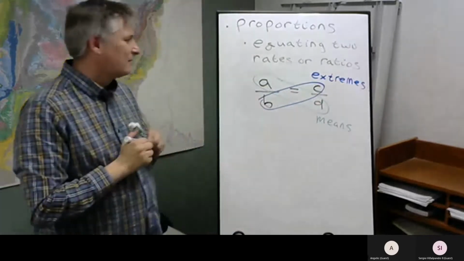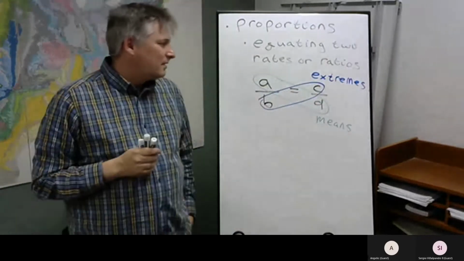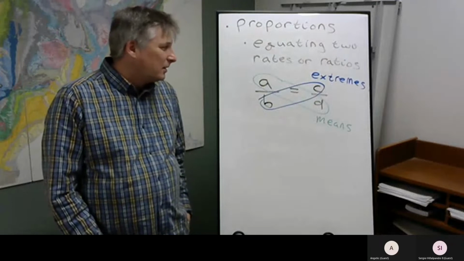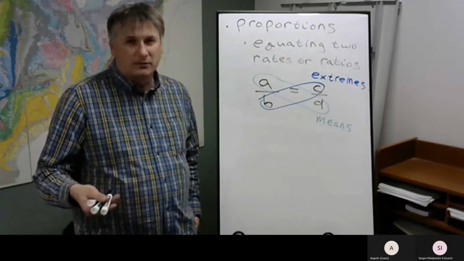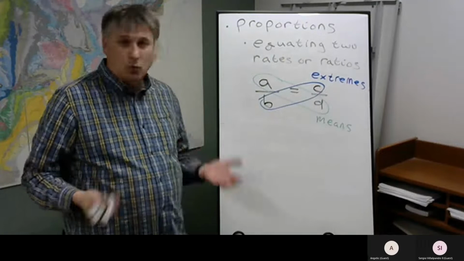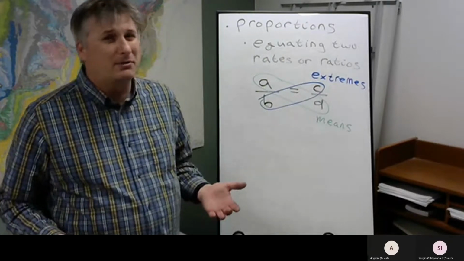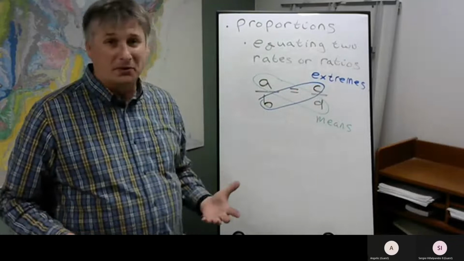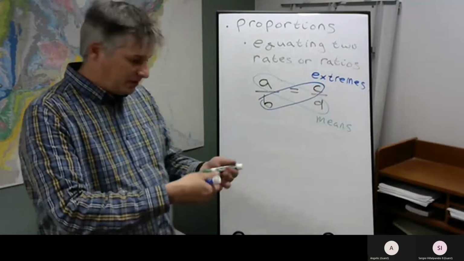There we go. Now there's a special trick we can use for solving, or ultimately solving for one of these means or one of these extremes, and that's what's going to happen in these problems. One of these will be missing. So we can do this.